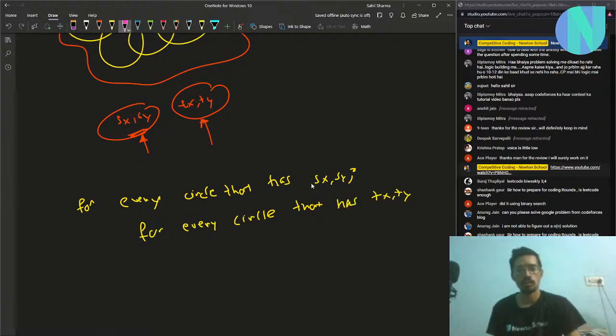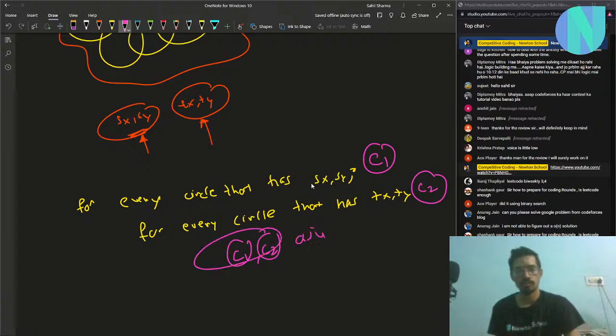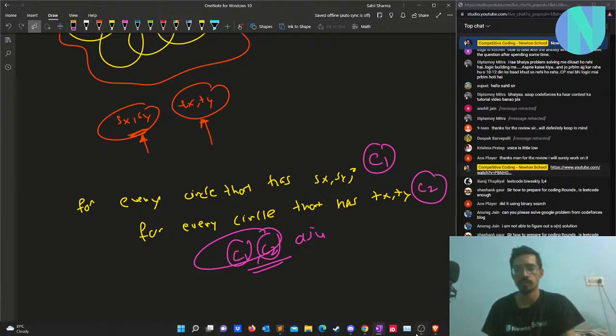Let's call this circle c1 and this circle c2, and see if c1 and c2 are in the same DSU. If they are in the same DSU, that means you can easily move along the circumference and you will be able to reach from sx sy to tx ty. So that's the solution for this.